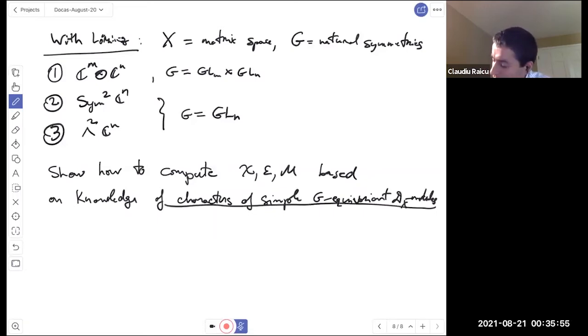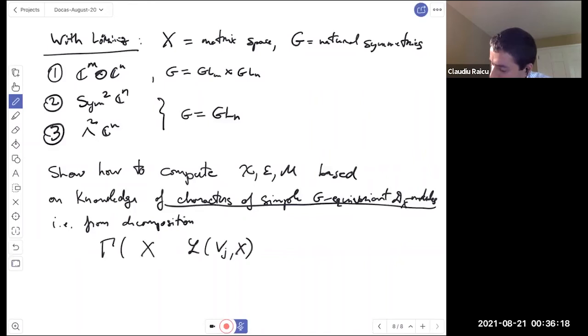I mean that from knowledge of the decomposition, I guess you take any orbit closure, rank at most j matrices, you look at the corresponding simple D-module. I guess you take global sections if you want, and this is going to be decomposed into a sum of irreducible representations.